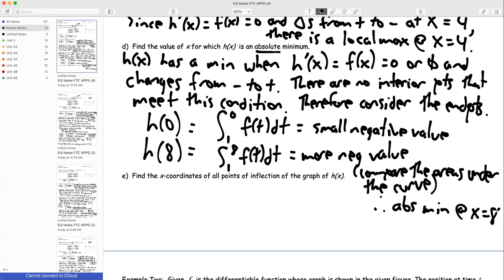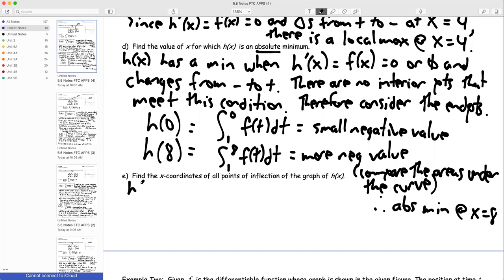So part E. Find the x coordinates of all points of inflection of the graph of h of x. So how do I have a point of inflection? It's where the second derivative is 0 or undefined, and it's got to change signs.